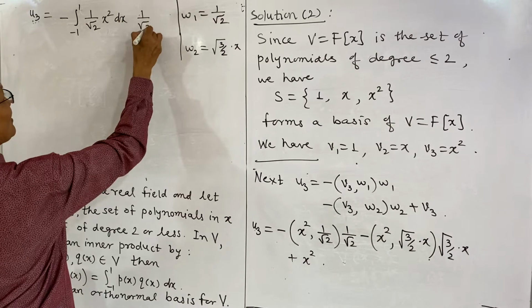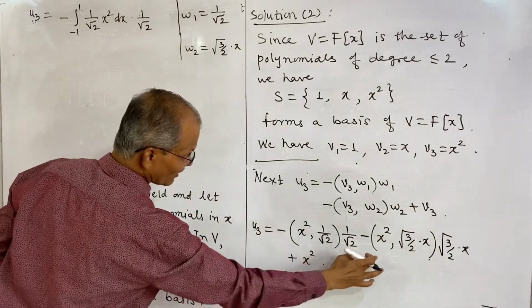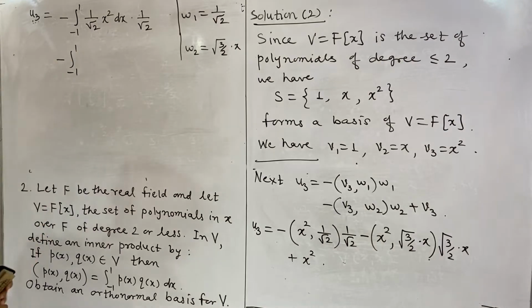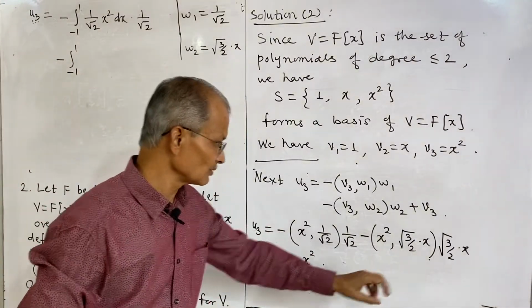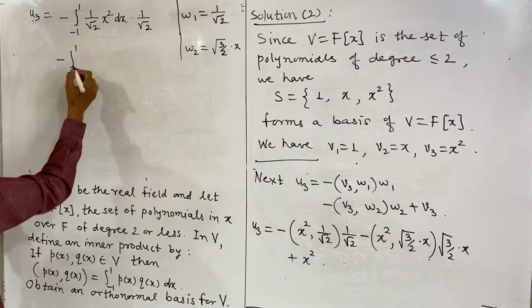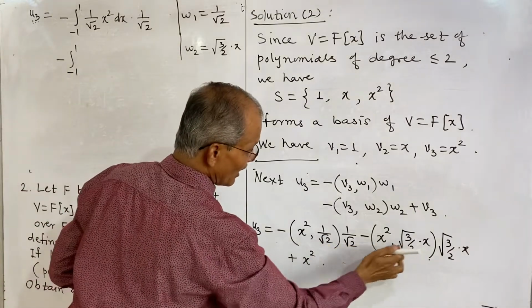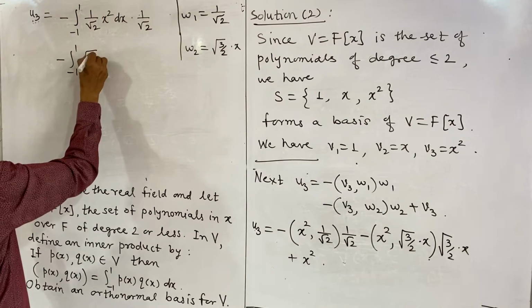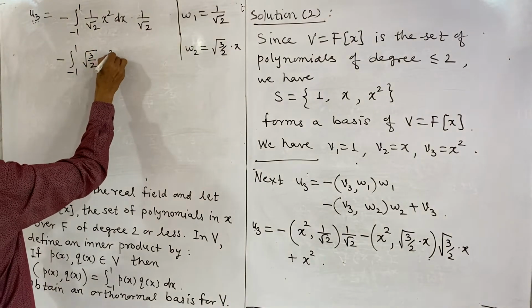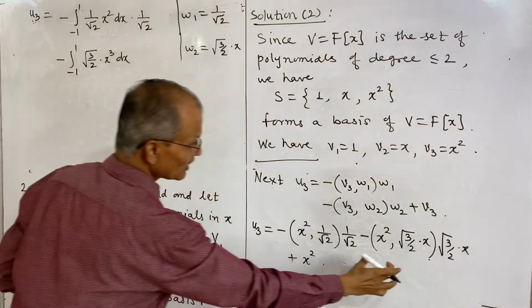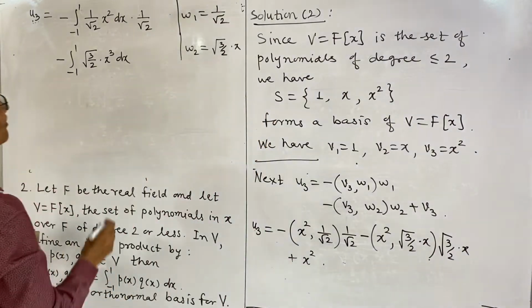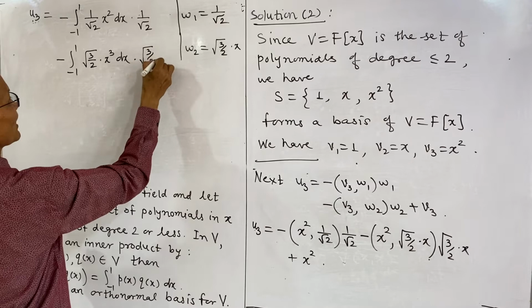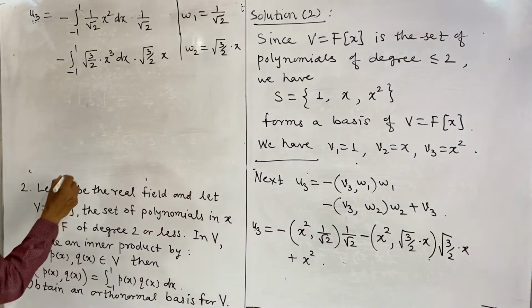That we have written. Next minus, again the integral from minus 1 to 1 of the product of these two, which will be x cube into root 3 by 2, so we can write root 3 by 2 first, into x cube dx. So this much is the inner product, and that is multiplied by root 3 by 2 into x, and the last term is plus x square.